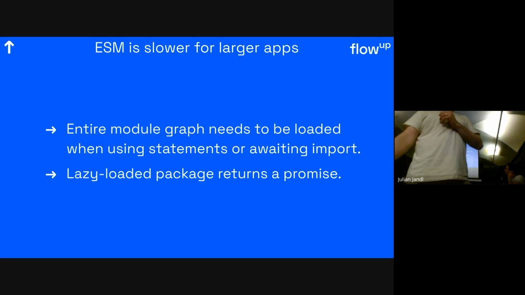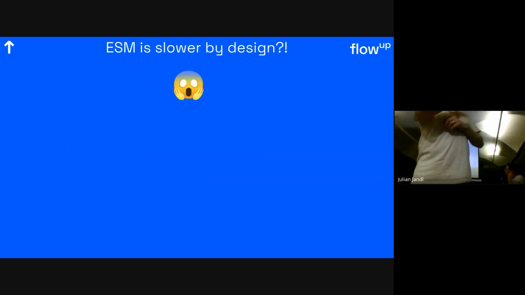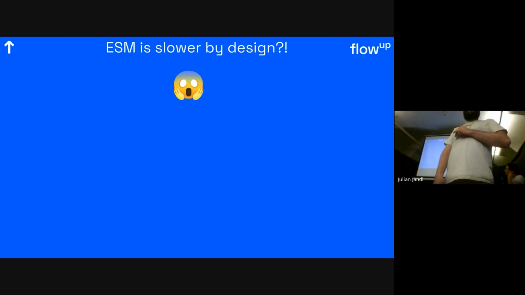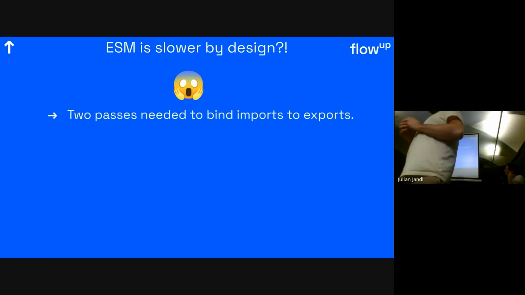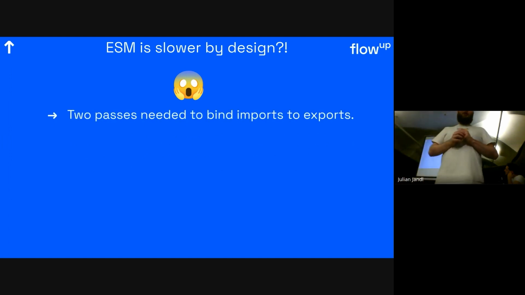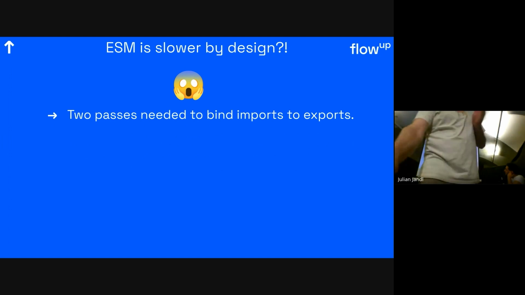Require didn't have this problem. Require would just wait for the network. That's it. So ESM is slower by design. Why is it slower by design? Two passes need to happen before all imports can be bound. Why two passes?